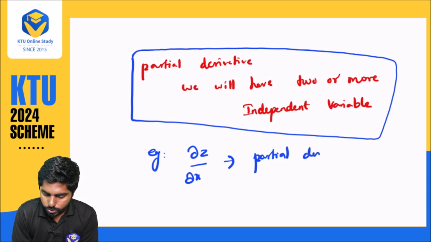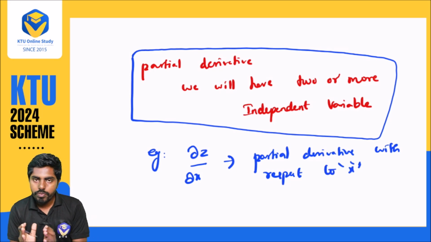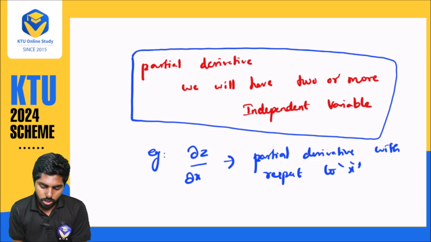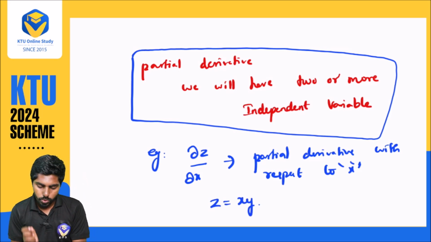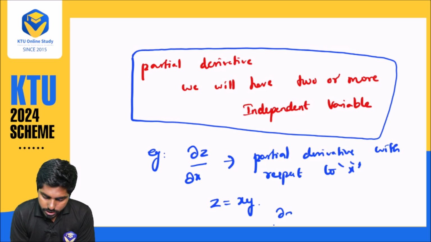Partial derivative with respect to x means only we are considering the x value. The rest of the things we are considering as constant. For example, if z is equal to xy, when I am differentiating dou z by dou x, what will happen?